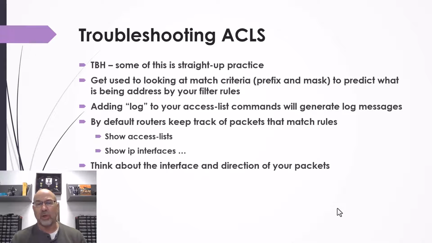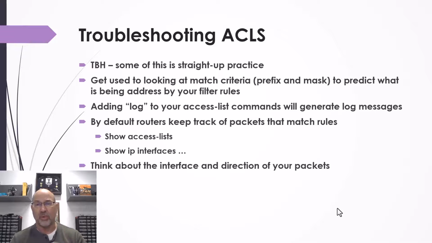You can also add the log command to your access list commands, which would generate output to the screen or even send things to a syslogger. And remember that you can take a look at your interface commands and your access list commands to get an idea of what's been matched and what's been dropped. And of course, think about the direction and interface you're going to use.